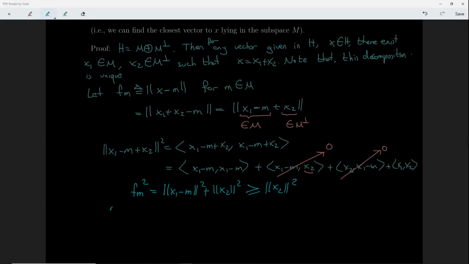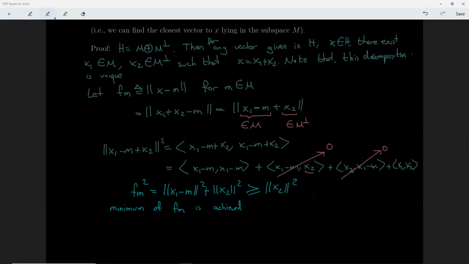So the minimum of Fm is achieved. This is the sum of two non-negative numbers, and for the second one we don't have any control. It's given when x is given.